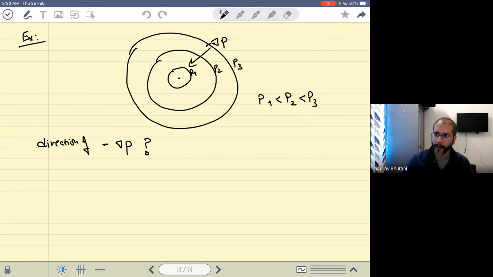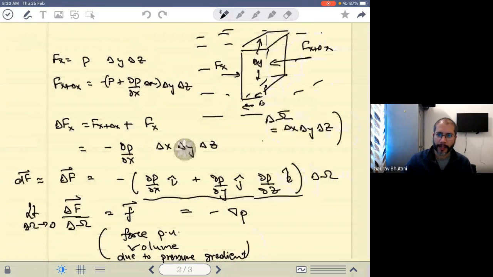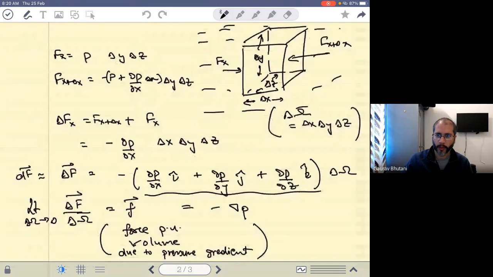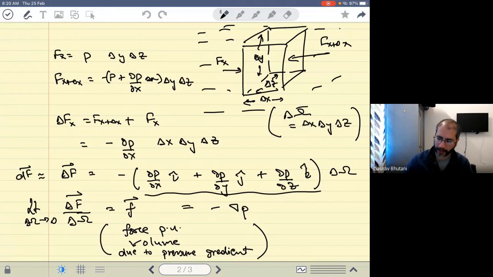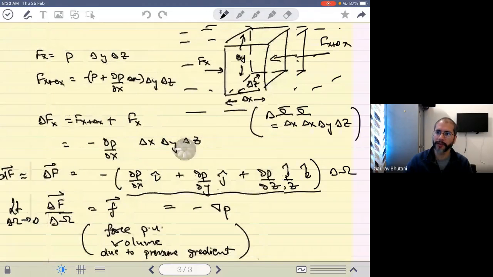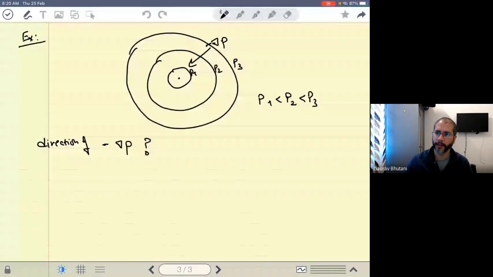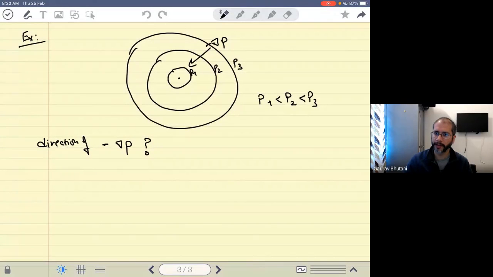Now the example we took of this hypothetical fluid element in the previous slide, that hypothetical fluid element was stationary. Okay, but there is some pressure, there is some force because of the pressure differential. So how is the cube stationary? So there has to be some other force that is balancing that force. Otherwise, the fluid will want to move because of this differential pressure element, or differential spatial forces.